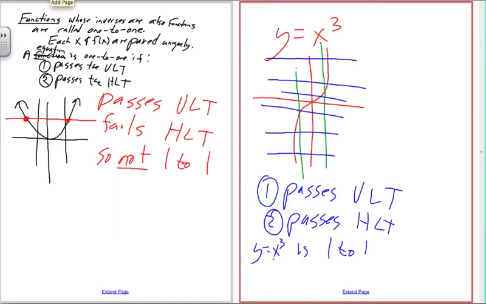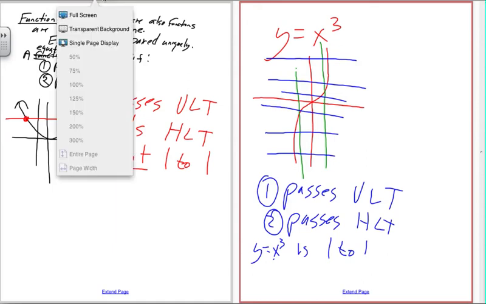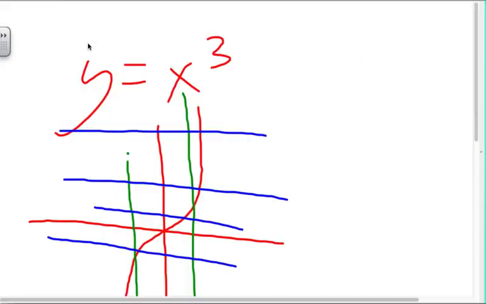Okay, so let's look at some examples of what you're going to be doing. So we're going to find inverses from equations. The equation you're given, f of x equals the square root of 2 plus 5x.